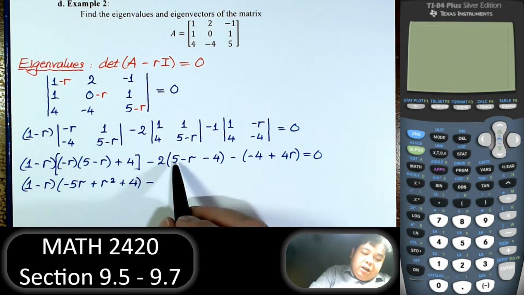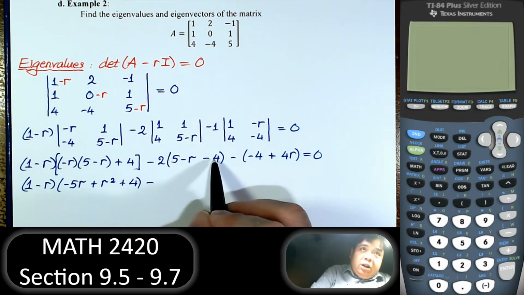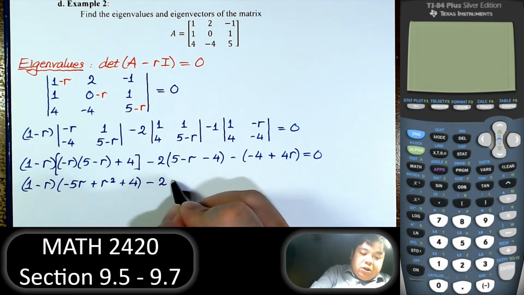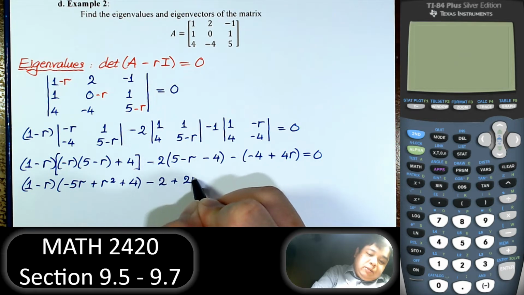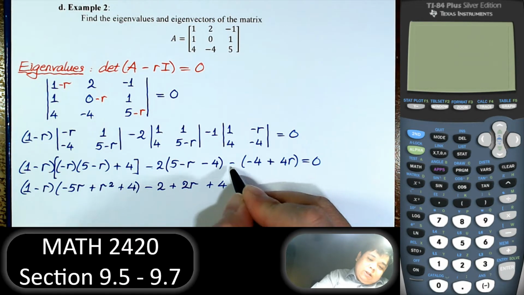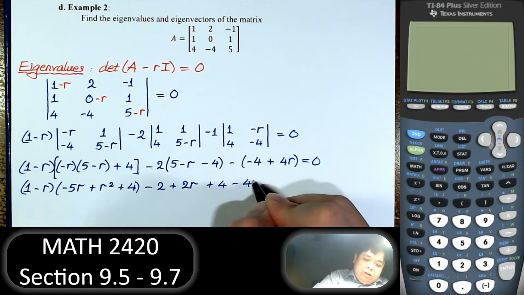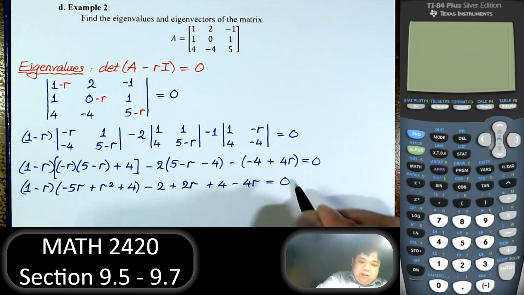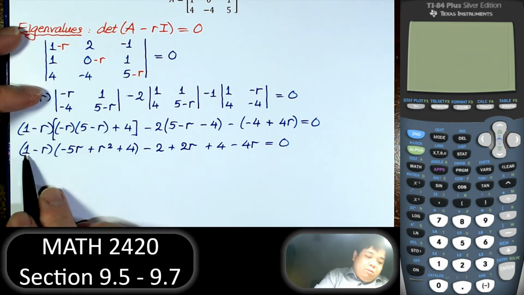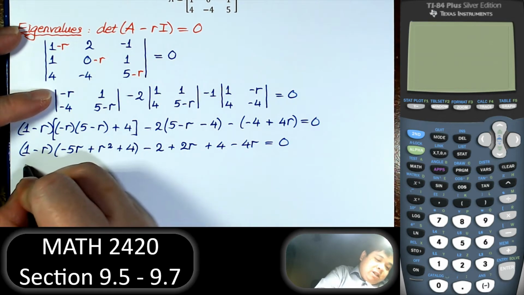And then this 5 minus 4 is 1, times 2 minus 2, and minus 2 times minus r is plus 2r. And then plus 4 minus 4r. Right, multiply this one more time. Multiply by 1, so I just copy it.